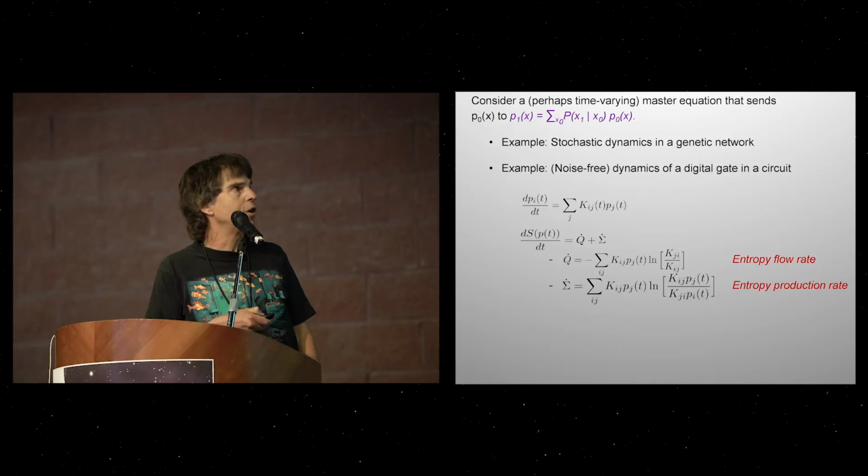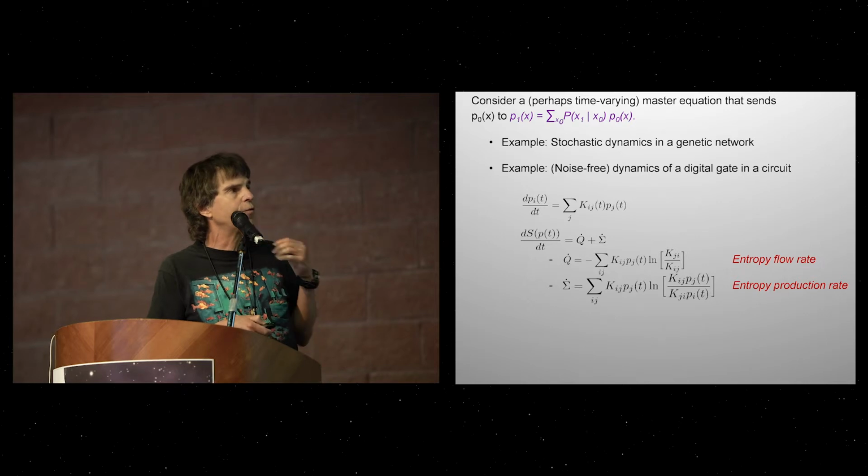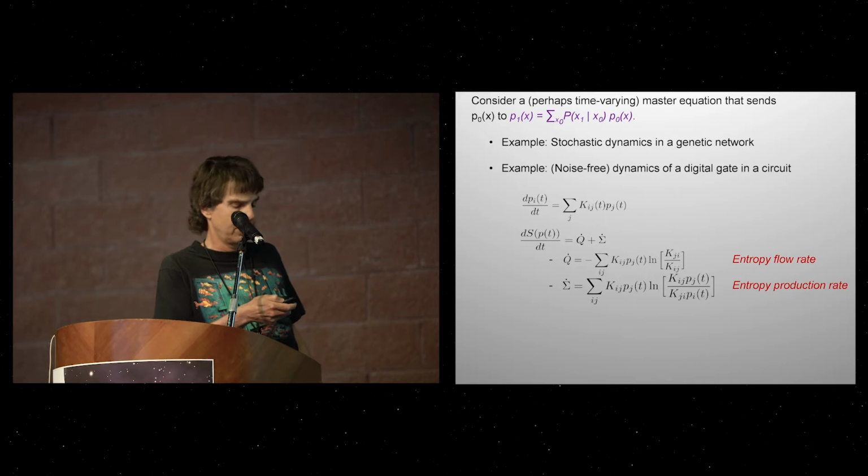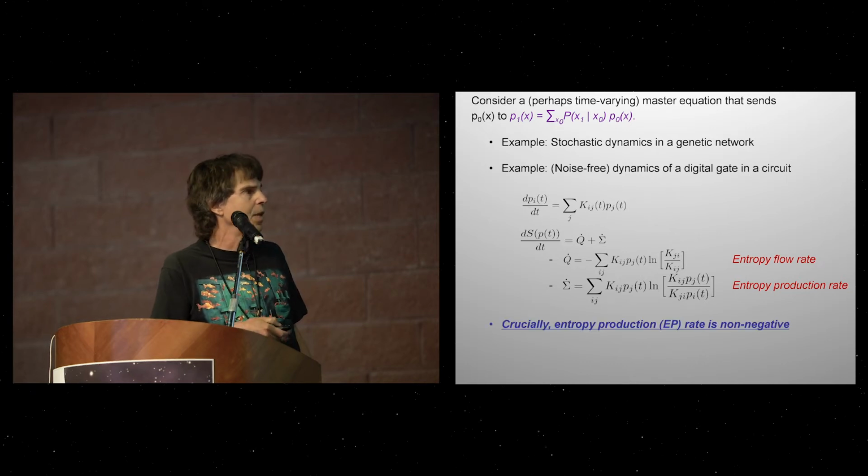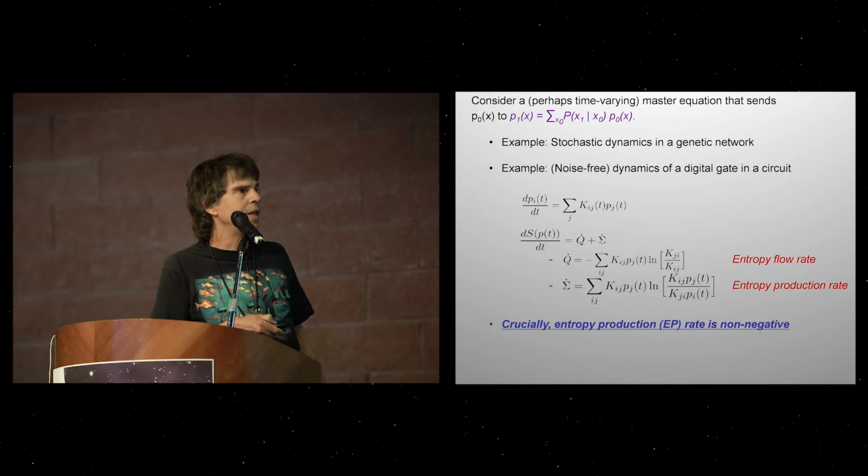So it's really almost as though entropy is a fluidish kind of thing, that there's some flow with the external universe and there's some intrinsic production, irreversible entropy production. The crucial thing, what's really cool, is that the entropy production rate, the irreversible entropy production, is non-negative.